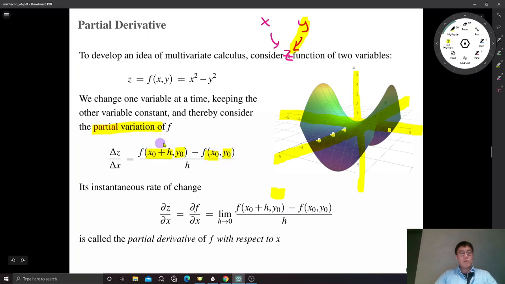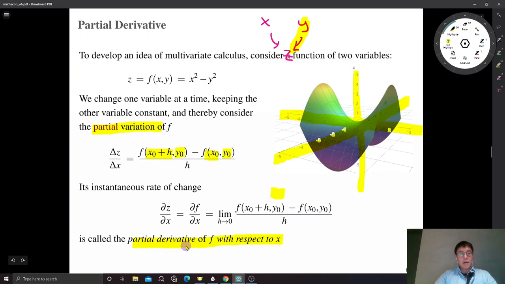We put this quantity on the top and the change in x on the bottom, and this ratio is defined as the partial derivative of f with respect to x. After taking the limit as h goes to 0, that is an instantaneous rate of change in response to a change in x only. That is called the partial derivative of f with respect to x.